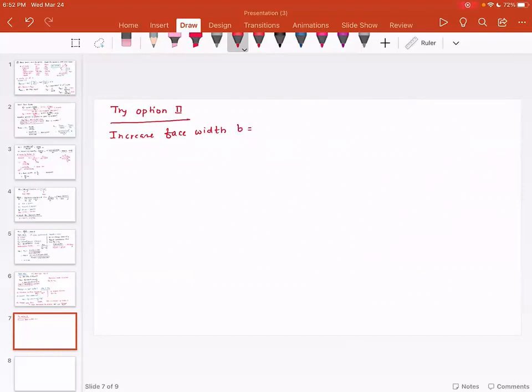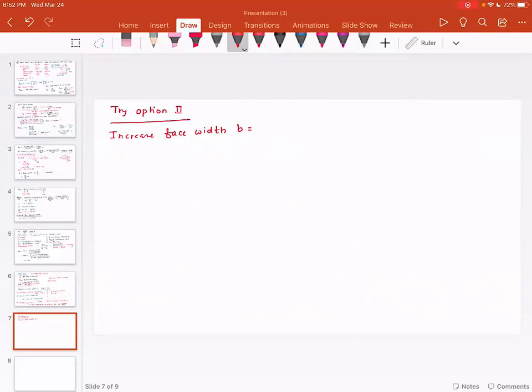Now for this, we need to go back a step. Again, we cannot increase the face width to an arbitrary value. We have to follow the design guidelines and see what would be the maximum possible value of the face width for bevel gears.